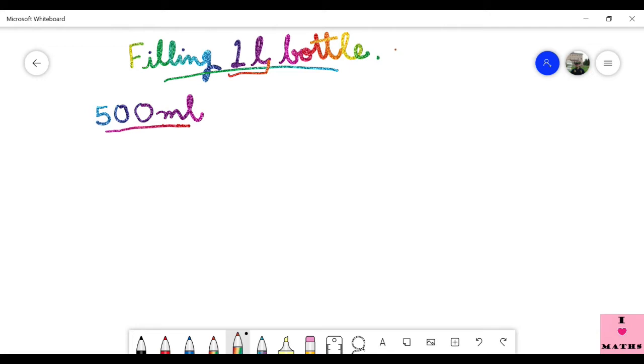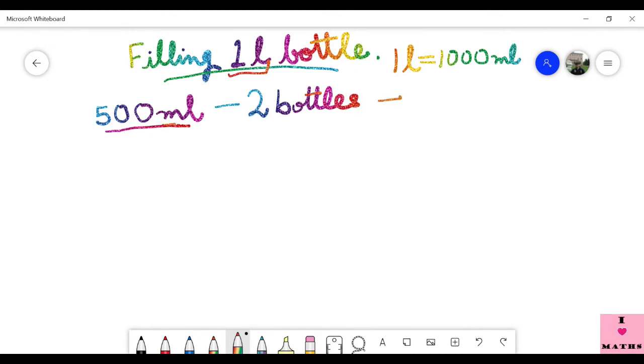We know 1 liter is equal to 1000 milliliters. So very easily we can make out that 2 bottles of 500 milliliter would fill up a 1 liter bottle.